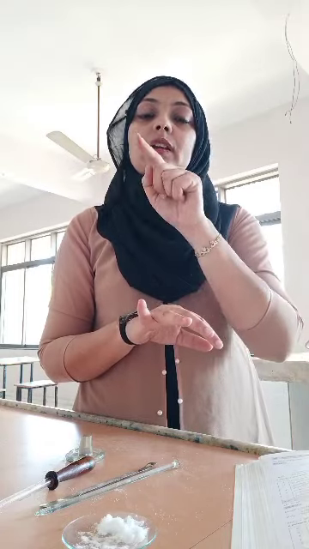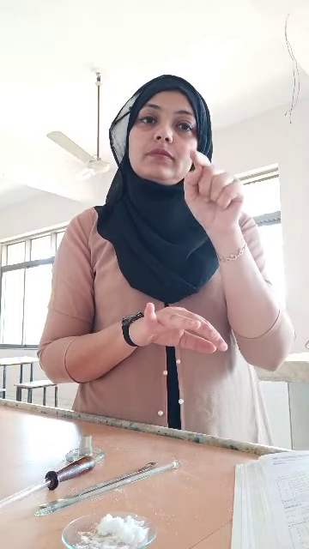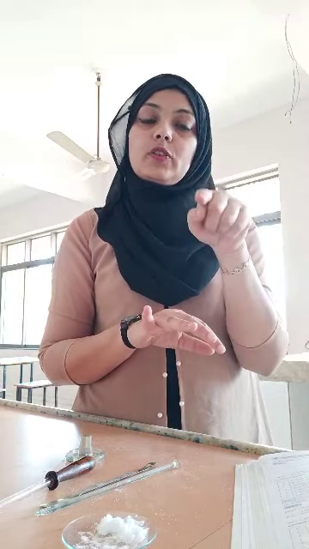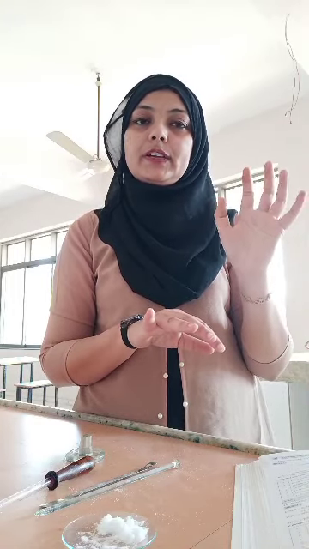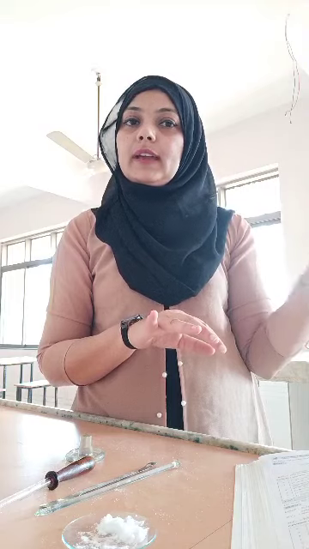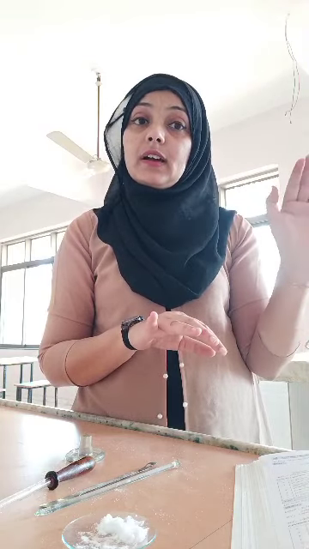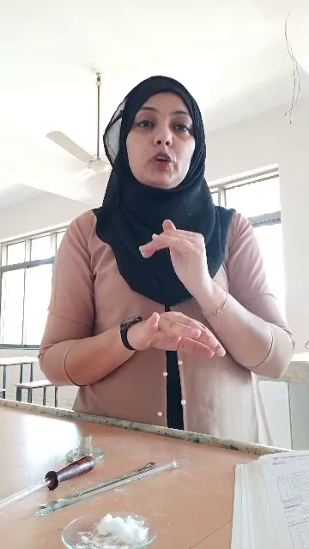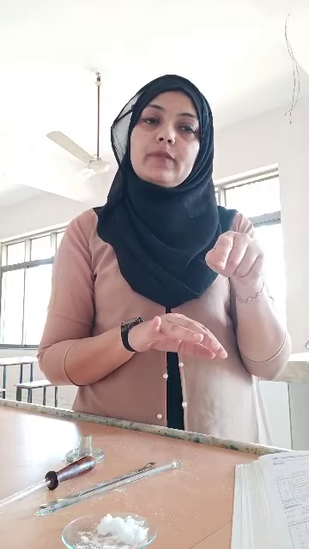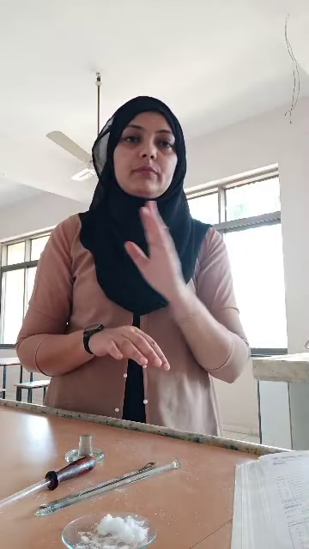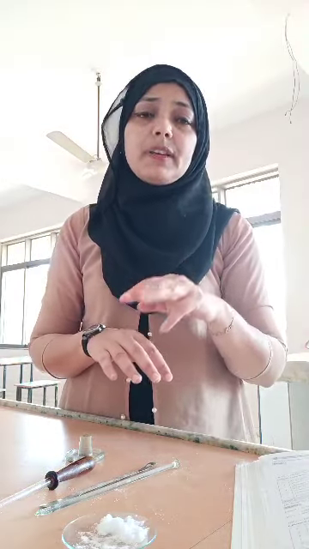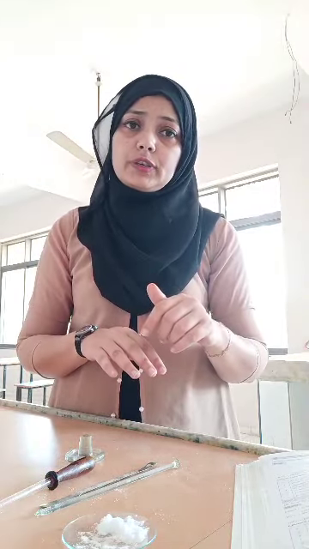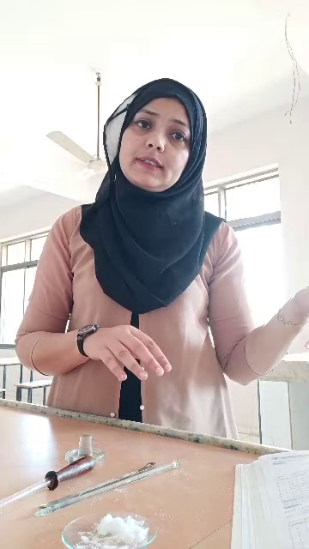Number 1, salt solution plus dilute sulfuric acid, no particular result, no indications, particular radicals are absent. Number 2, salt plus concentrated sulfuric acid, brown color gas, Br or NO3 may be present. Number 3, salt plus BaCl2 solution, therefore your carbonate is absent.